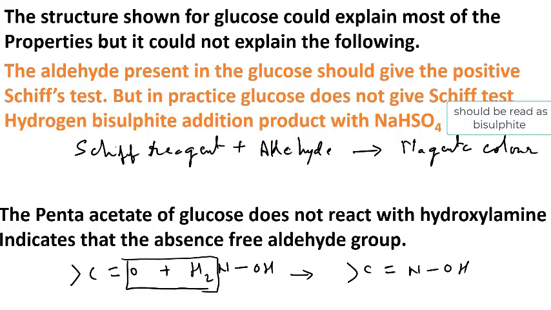So if the aldehyde were present in glucose it should give this product, but in practice it does not. Therefore this indicates that the aldehyde group present in glucose is not in the free state.